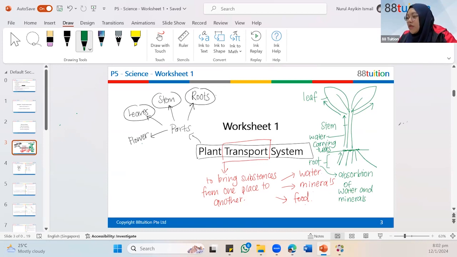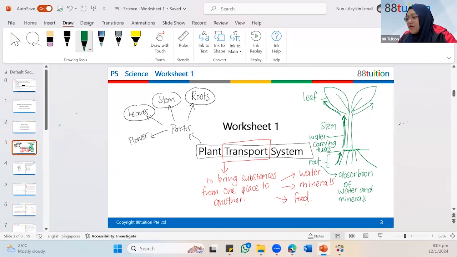So the direction of water transport is actually upwards. If you follow, let me just bold it like that. This is the direction of water transport. So it's only going in what direction? One direction only, which is upwards.